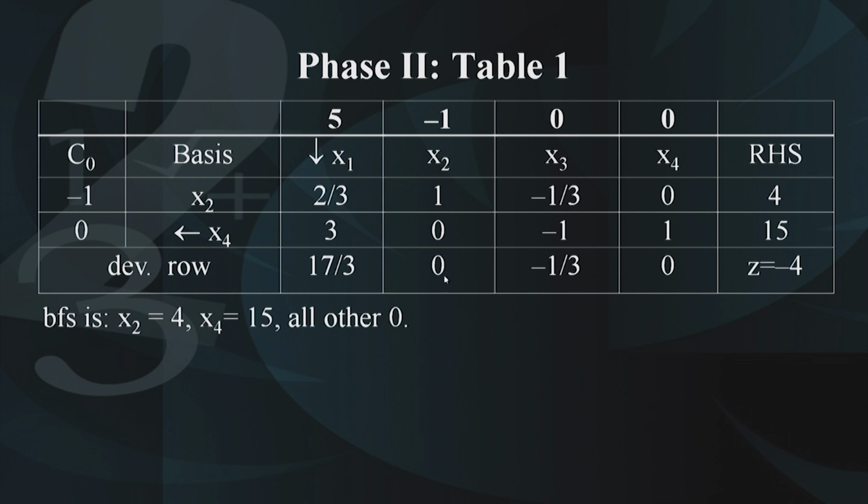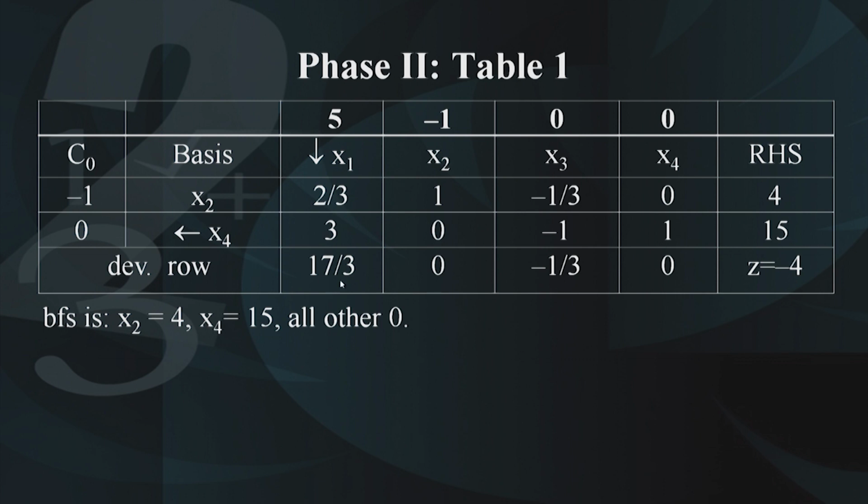Anyway, this is a basic variable, so its entry will be 0. Similarly, x4 is a basic variable, so its entry will also be 0. We need to calculate the entry corresponding to x3, which turns out to be 0 minus (1, 0) multiplied by (minus 1 by 3, minus 1), which turns out to be minus 1 by 3.